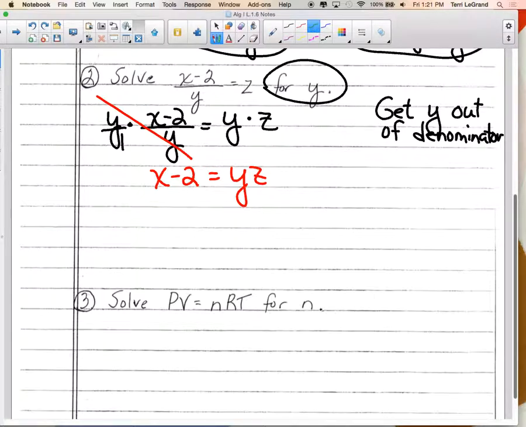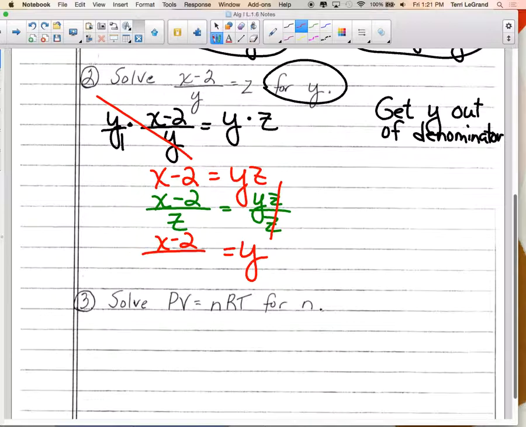So we need to undo that. Do not do it right away with a fraction bar there. Write it again. And presto, y is by itself. And can we do anything here? x minus 2 over z. y is by itself.